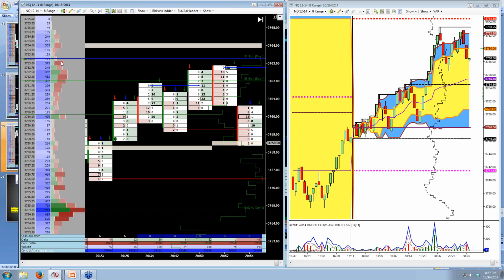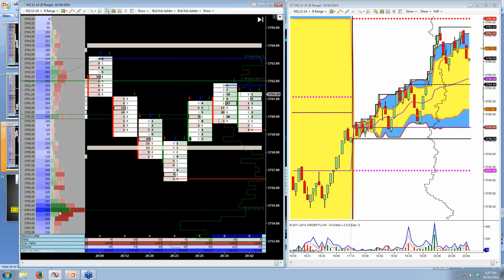Let's say that you were to take a buy down here, right around here. We don't have a whole lot of volume in this area, so usually what will happen is price will be sucked up to the next area where you have the highest volume, or vice versa. If you were taking a short in a high volume area, it's typically going to be sucked down to your next high volume area.